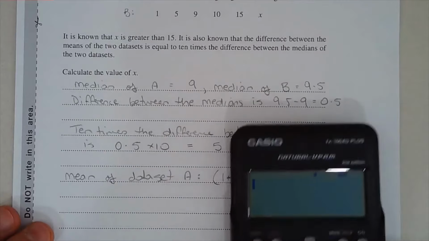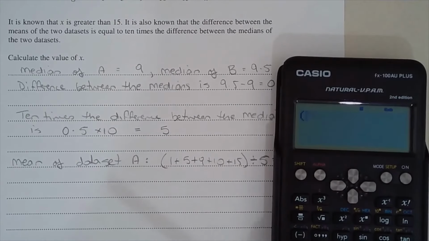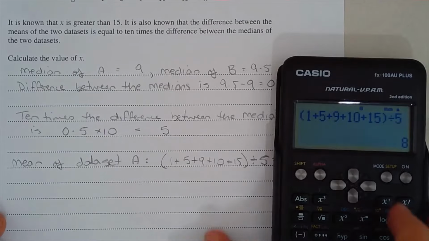I'm not going to use the stat mode on the calculator. I think it's quicker to just add them up manually and divide that by 5, and we get 8.